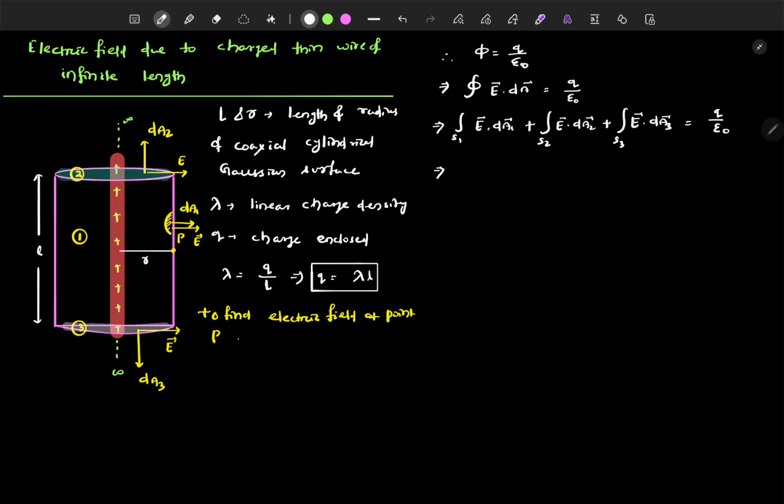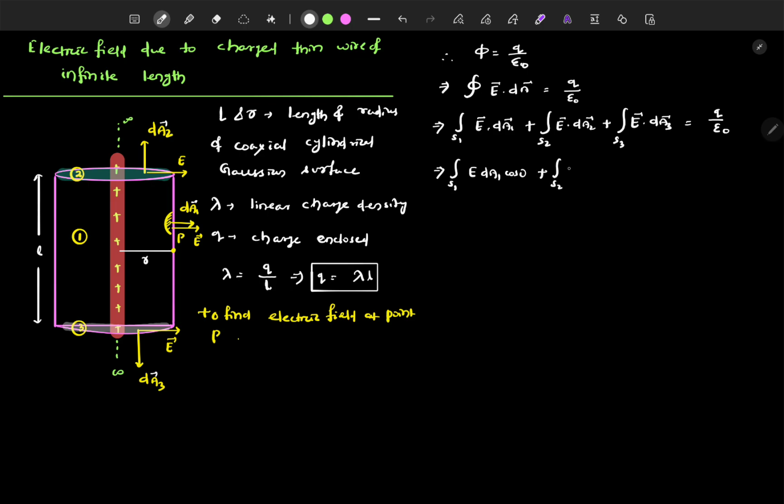So for surface S1, the curved surface, the angle between E vector and dA1 vector is 0 degree, both are parallel. So we can write integration E dA1 cos 0 for surface S1.